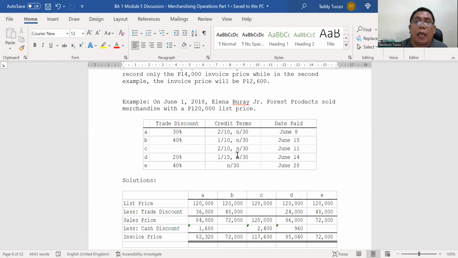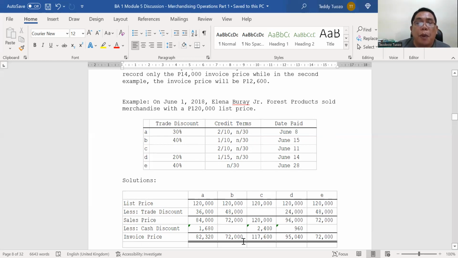If payment is in cash, the invoice price is automatically net of the cash discount. But if it was on credit, the invoice price would be equivalent to the sales price, because the cash discount will only be computed on the date they pay the account.